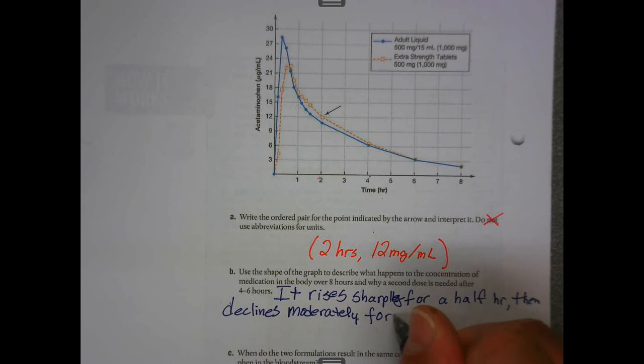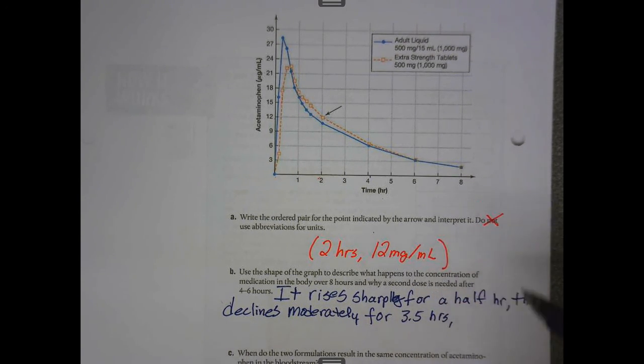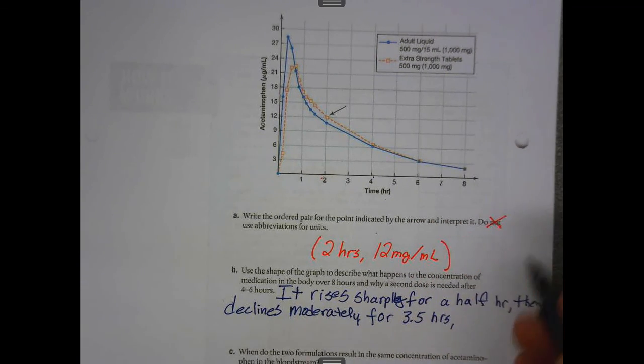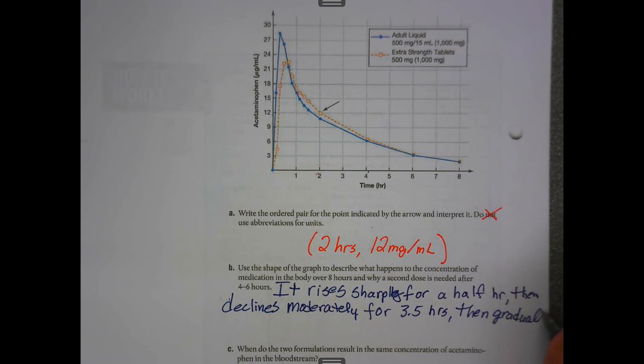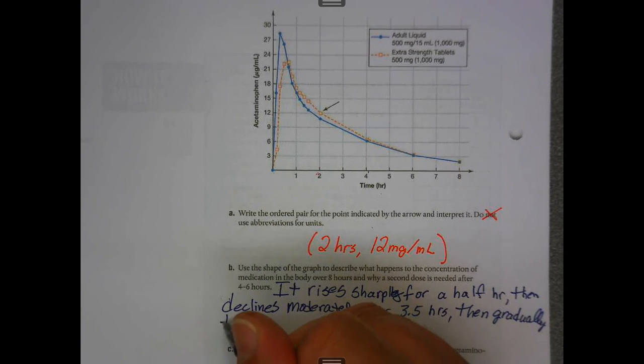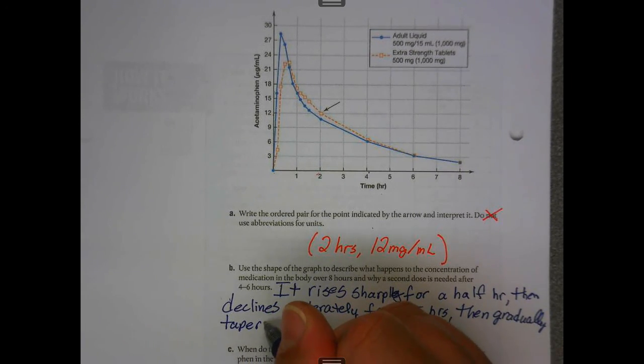Okay, second part. Why is a second dose needed after 4 to 6 hours? Because of that moderate declination here. So it actually gets out of the blood system quite a few amounts. So you want to increase that back up.